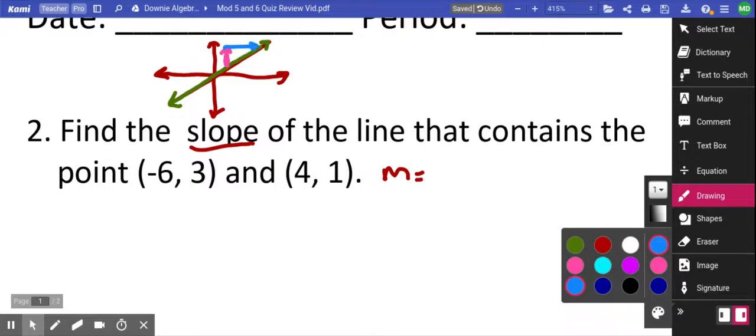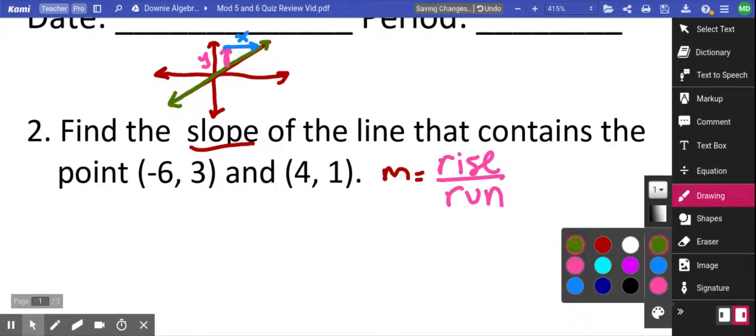That's my change in y over my change in x. Sometimes we remember this as rise over run.